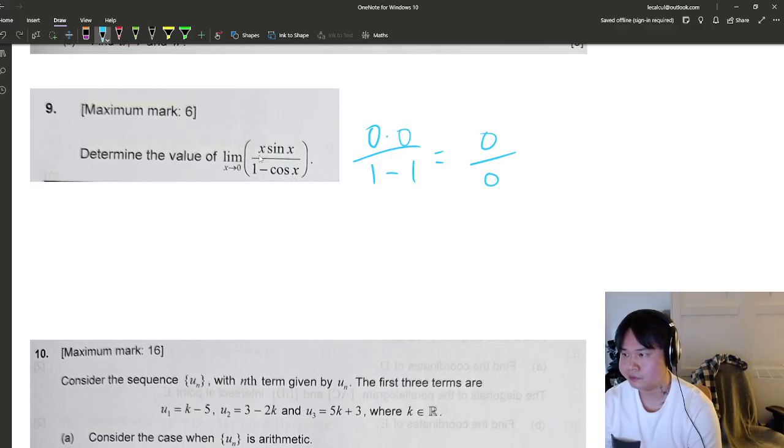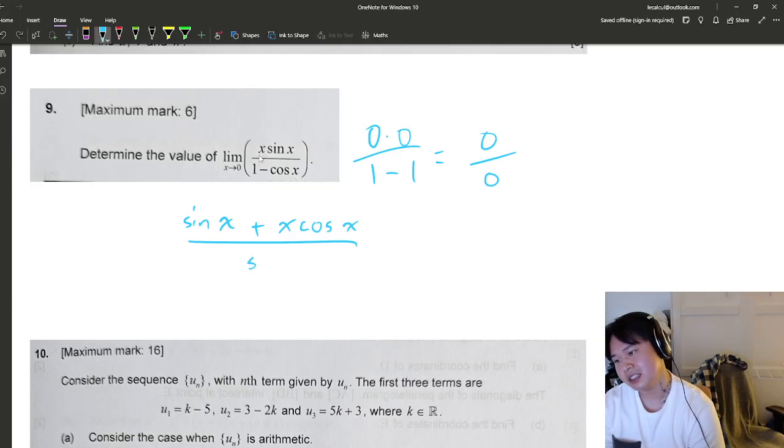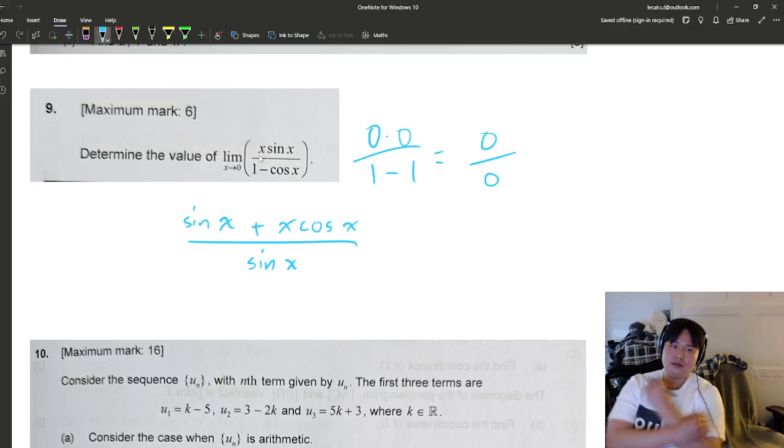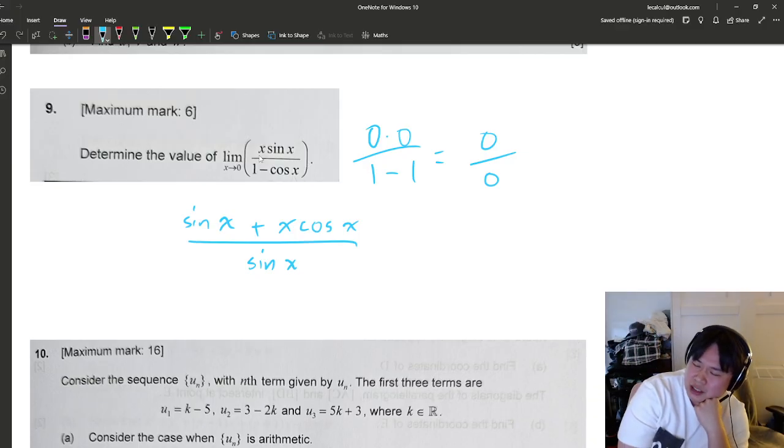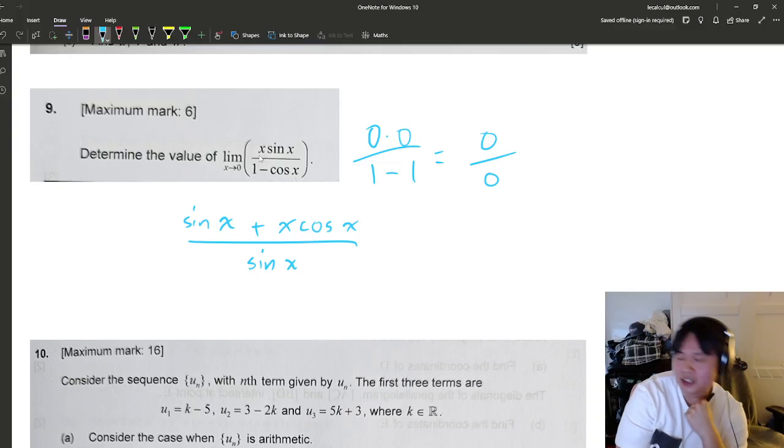So, okay, let's just do that. The first one's product rule, so sine x plus x cosine x, divided by the derivative of the bottom, which I think is just sine. Yeah, sure.